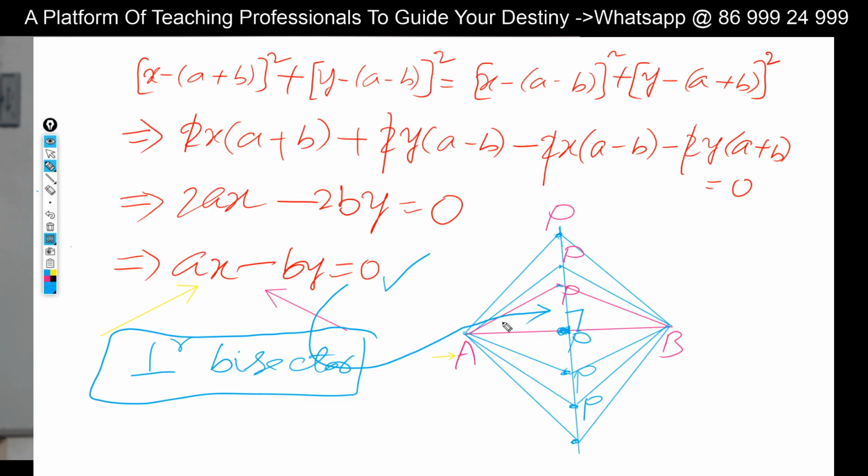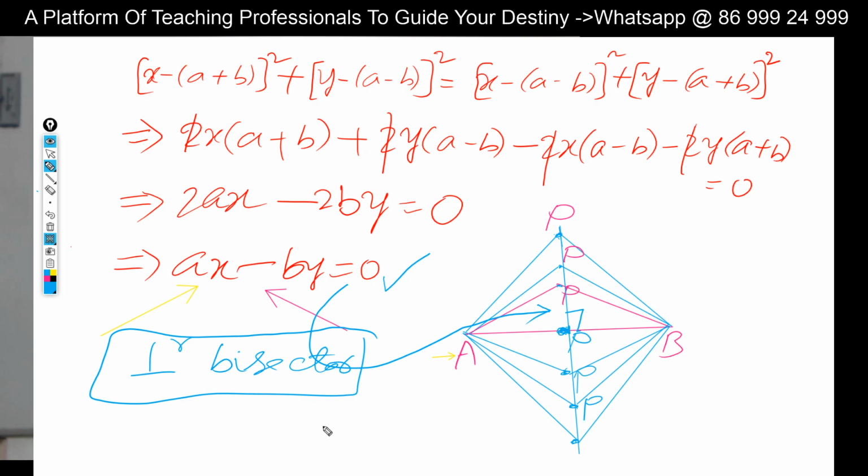You have to understand locus like this. That is why I am discussing locus in more detail. You will be more comfortable if you work out locus problems carefully. If you understand locus problems in a better way, then all the remaining problems further will be very easy for you.